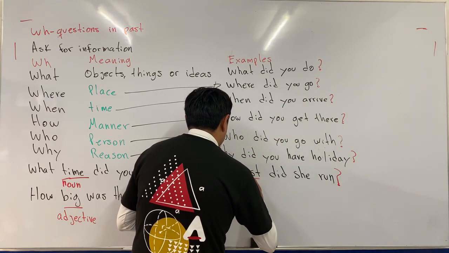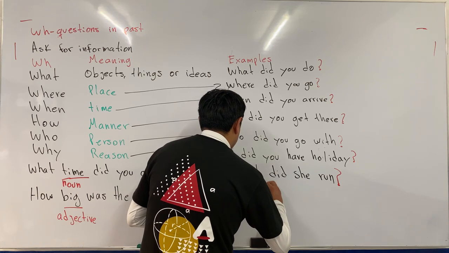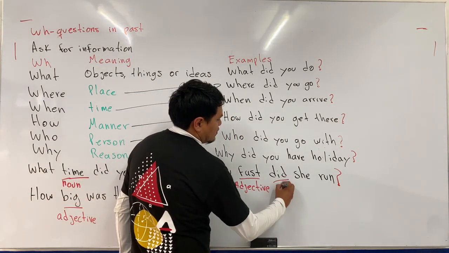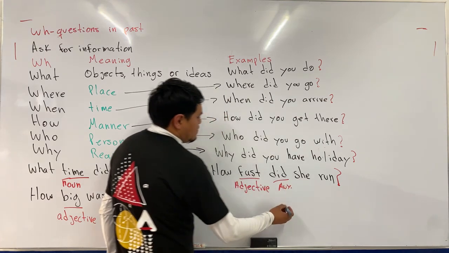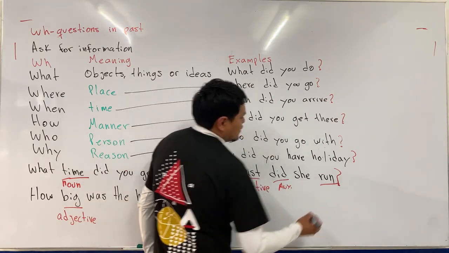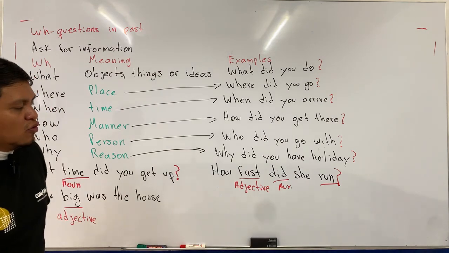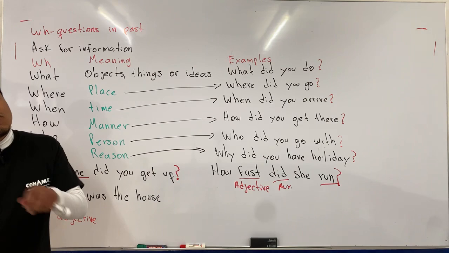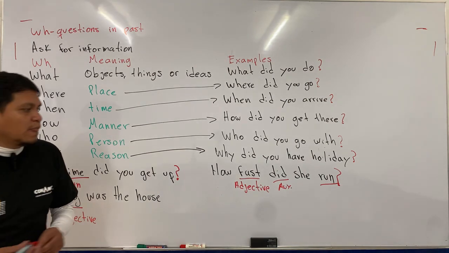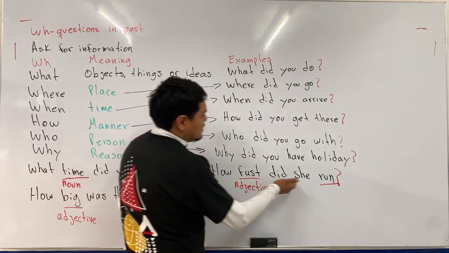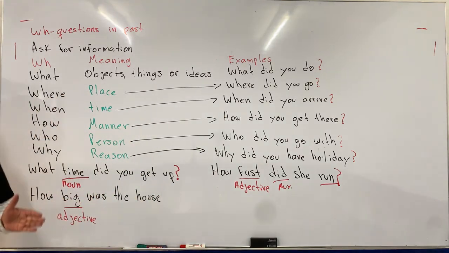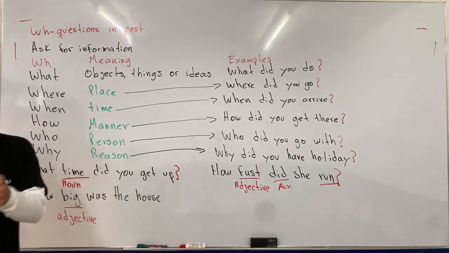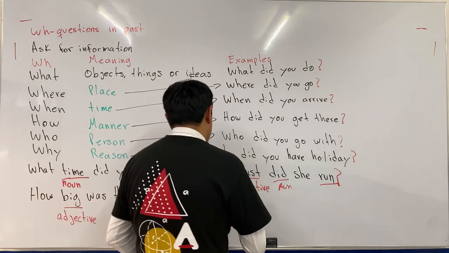Adjective. Remember, cuando tenemos el auxiliar, nuestro verbo ya no tiene que ir en pasado simple. Tiene que ir en presente en su forma base, para que se entienda, ¿vale? So, how fast did she run? Another example with this, for example, how long did you stay? How long did you stay?